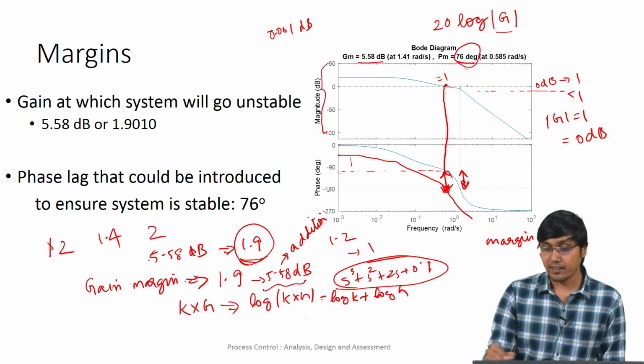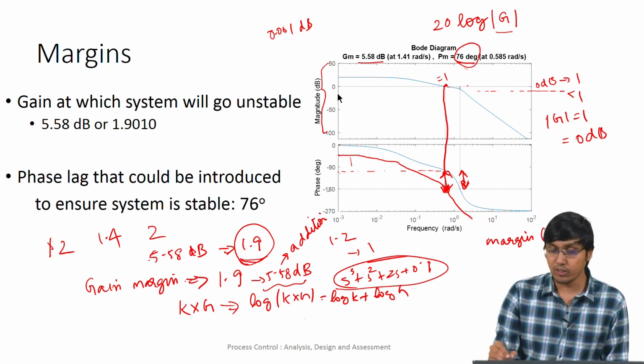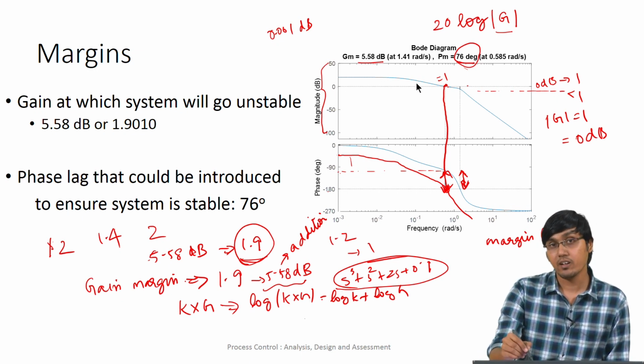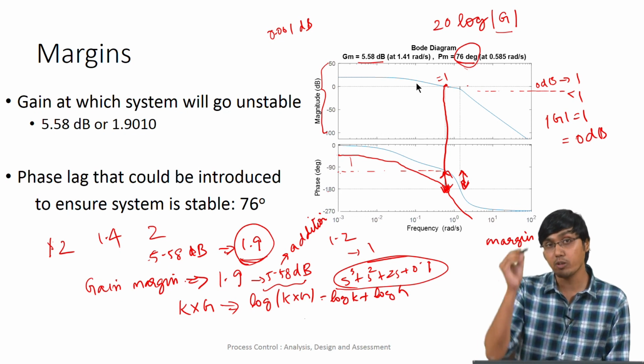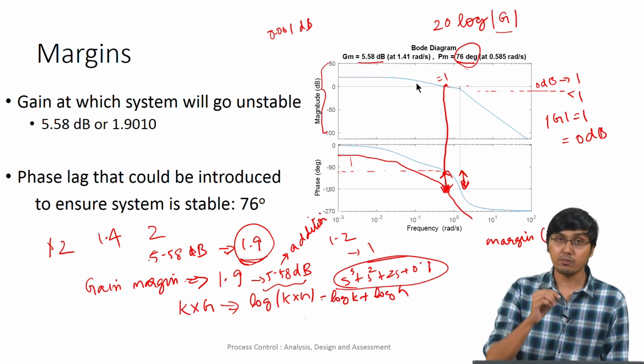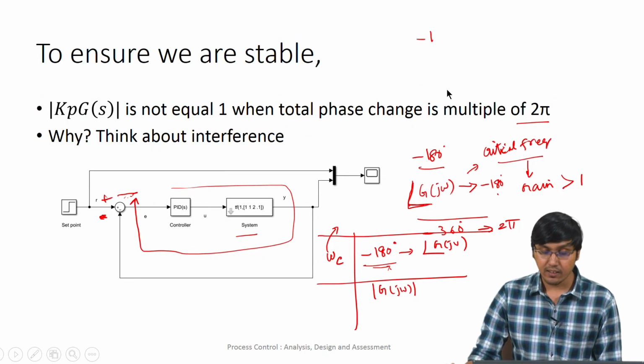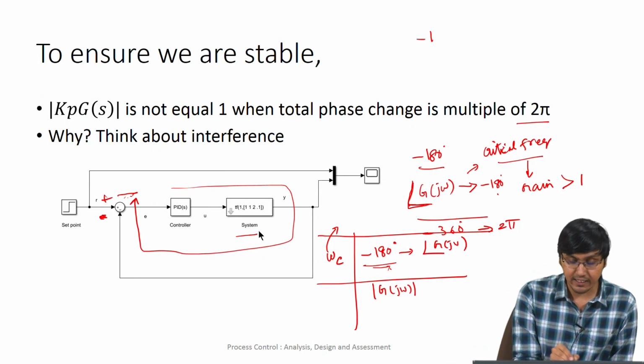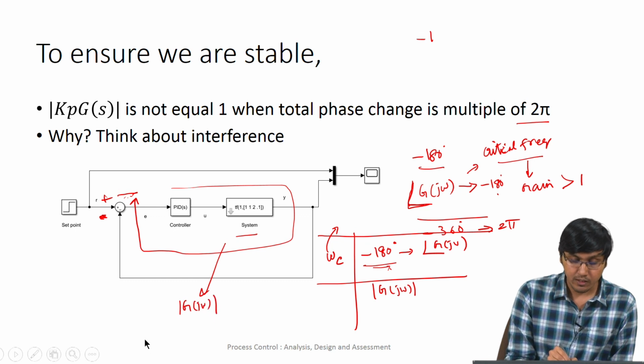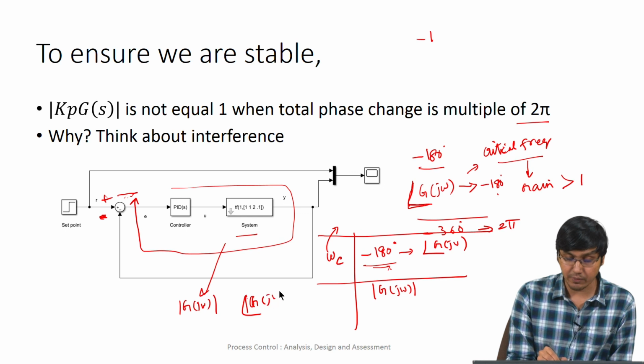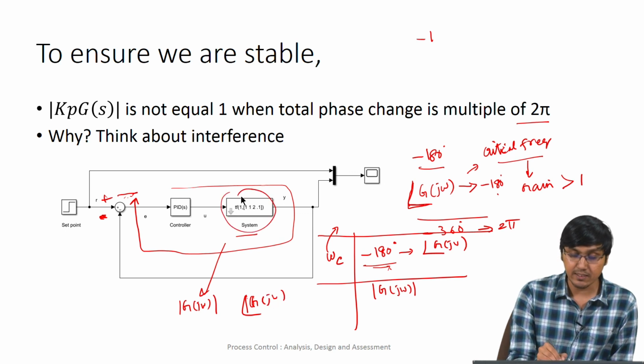And remember, whatever we use to find this, we plot the Bode plot of the open loop system, because remember, the Bode plot is going to give the magnitude of G(jω) and then the angle introduced by G(jω) when the system is G(s).